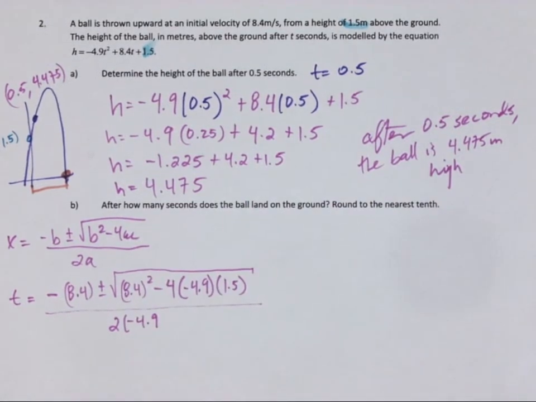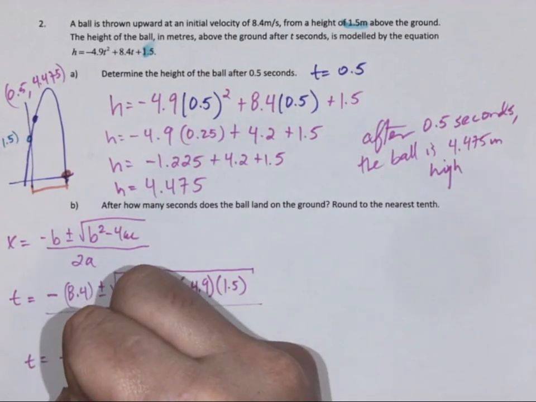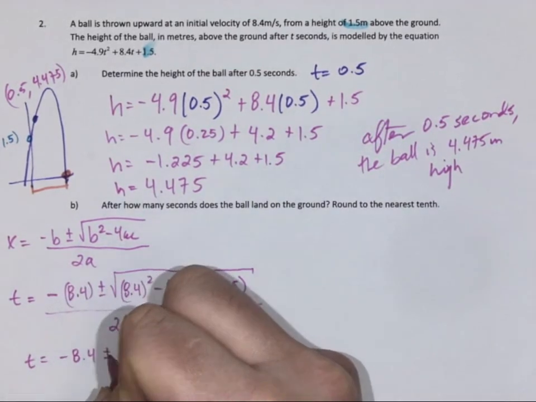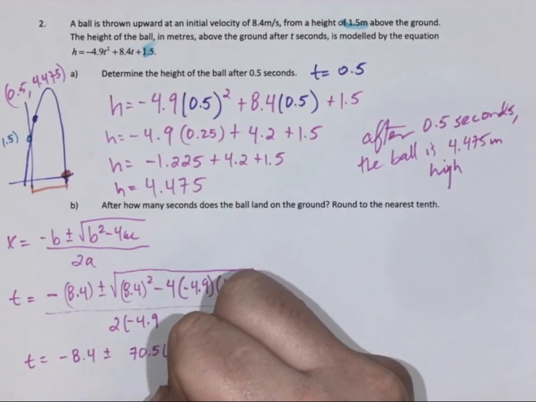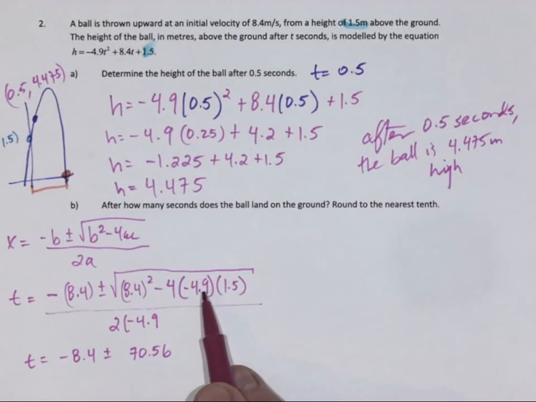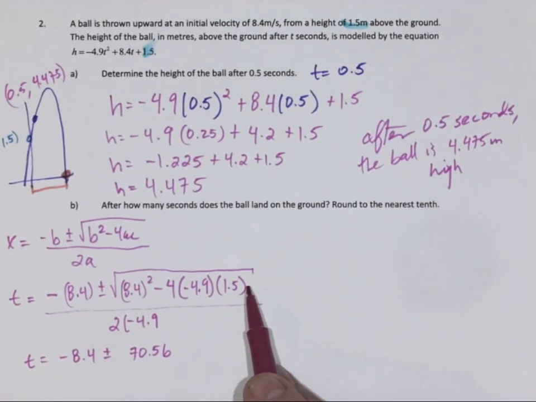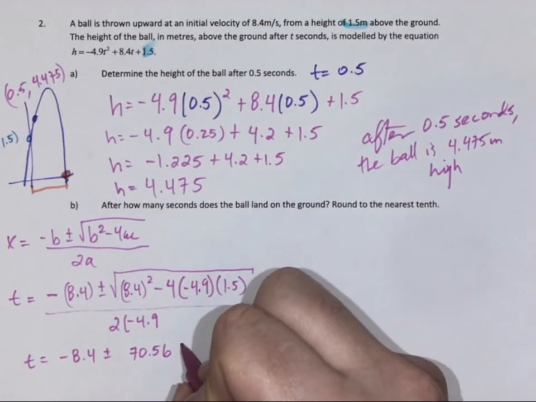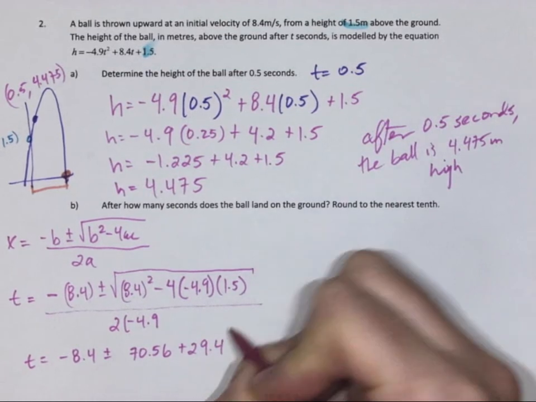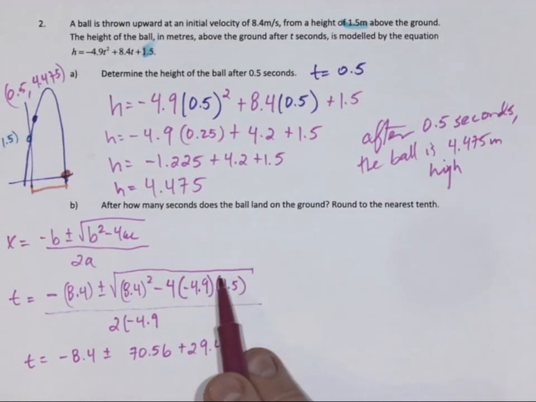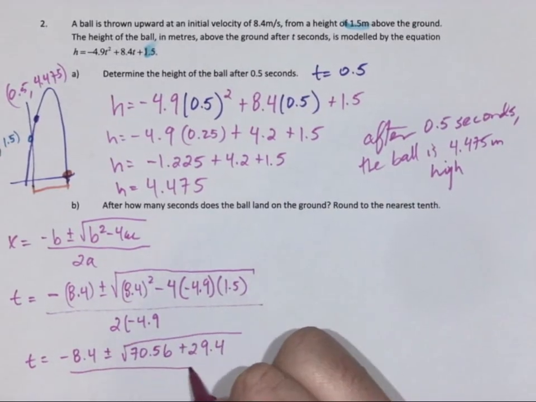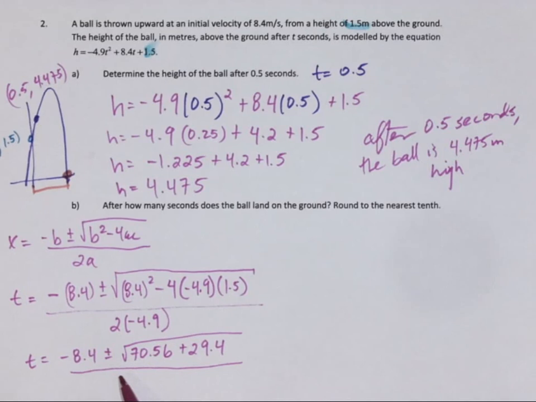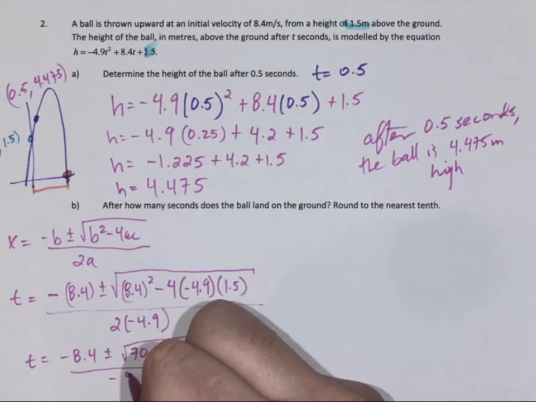So now, let's do the math. 8.4 squared. Negative 4 times negative 4.9 times 1.5 gives us 29.4, and it's positive, because minus a negative number is positive. All that square rooted, all divided by negative 9.8.